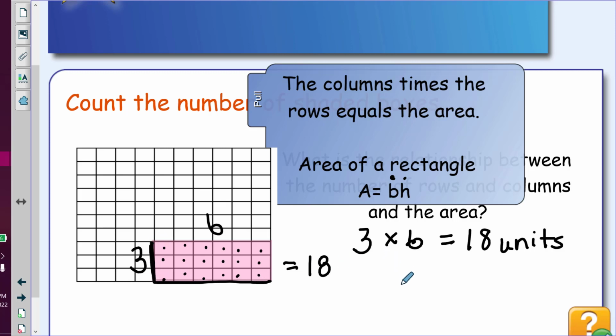The base times the height. So this is what this formula means. Area is equal to the base times the height of a rectangular figure, a four-sided figure.